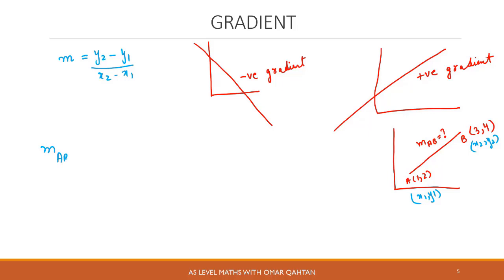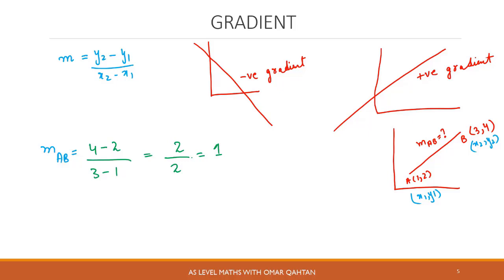So m of AB is equal to 4 minus 2 upon 3 minus 1, which is 2 upon 2, equal to 1. So we have the answer for the gradient of AB, which is plus 1, and as you can see in this graph, this line is going upward, so that's why we have a positive gradient.